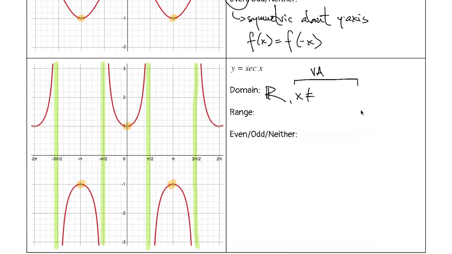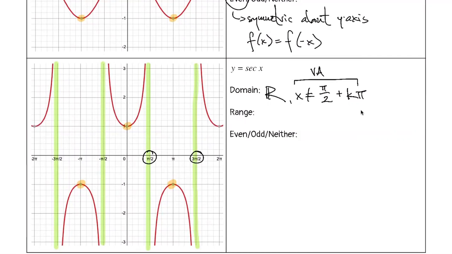So let's see. This time, I want to say that it can't be pi over 2, okay? And then every multiple, that's what that k stands for, the multiple of pi. Because if we take pi over 2 and we add pi, we'll get 3 pi over 2, right? So that would be pi over 2, add pi, I get 3 pi over 2.